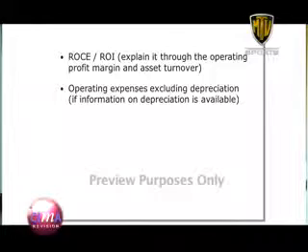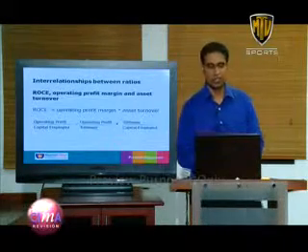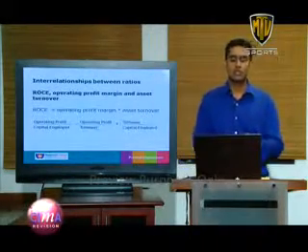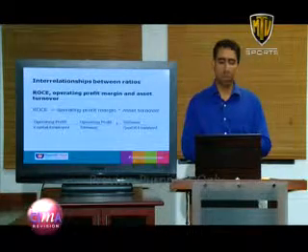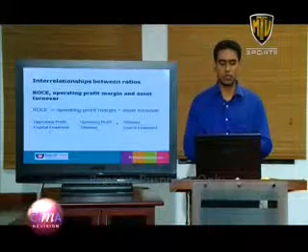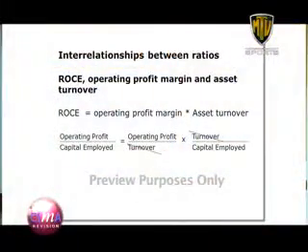which can be explained through a combination of two other ratios. Okay? Just taking a look at this, we tend to take a look at ROCE or ROI, which is the formula given to you there on the slide, operating profit divided by capital employed, or you might call it net assets.